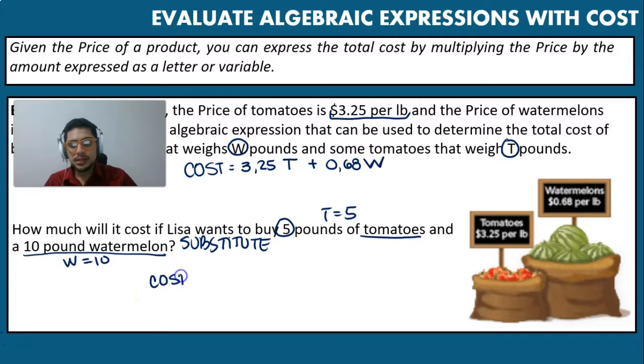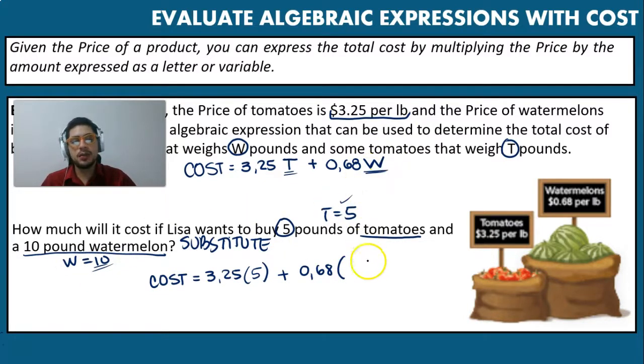So the cost is going to be equal to 3.25 times the value of T, which is now 5, because it is the amount that we bought, plus 0.68 multiplied by W, which is the amount of watermelon. So we bought 10 pounds of watermelon, right?